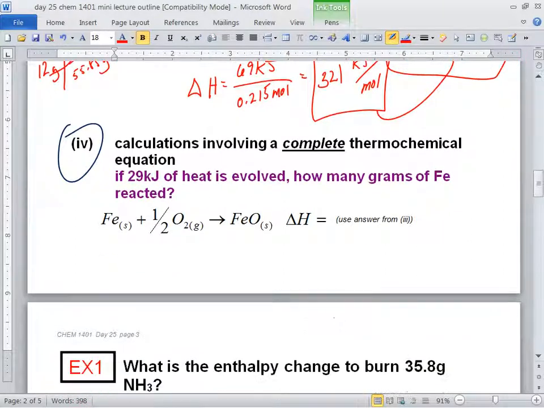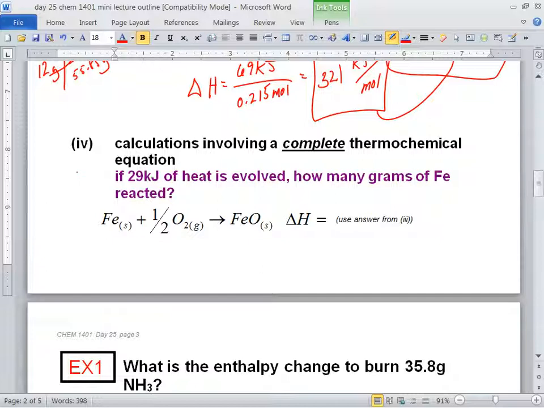Okay, the last type of problem that involves heat. Calculations that involve a complete thermochemical equation. Well, if it's complete, then you know what, Rebecca? What two things do you know if you have a complete thermochemical equation? You would know the what and the what. The thermochemical equation has two things.